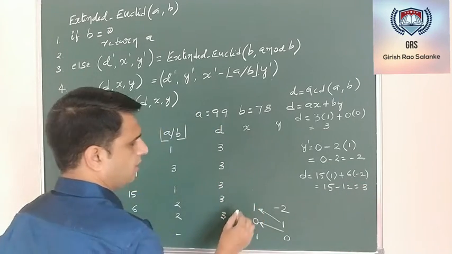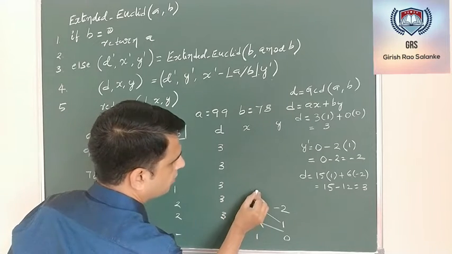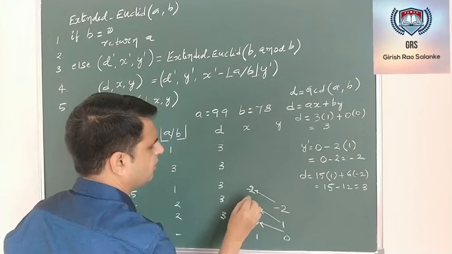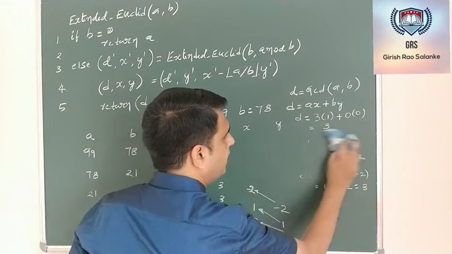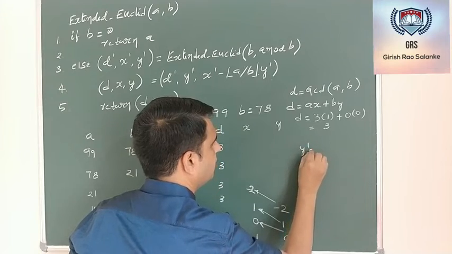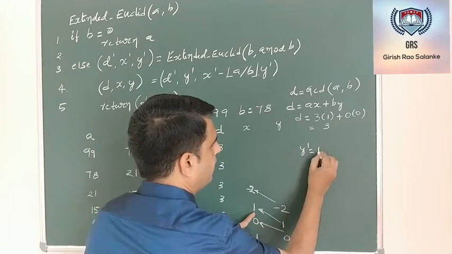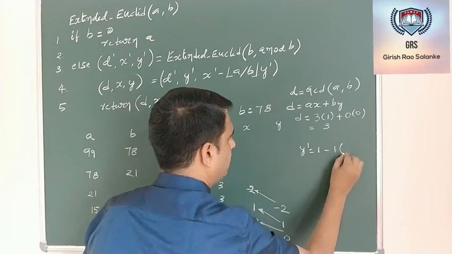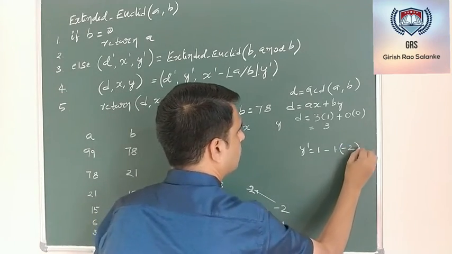Next, come here. For this, X value is minus 2. I need to find the value of Y. Y dash is equal to 1 minus A divided by B, which is 1 into minus 2.